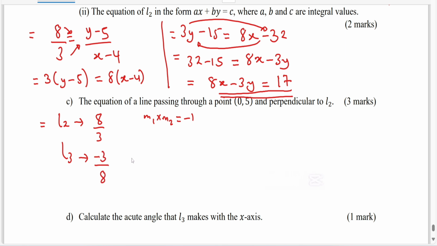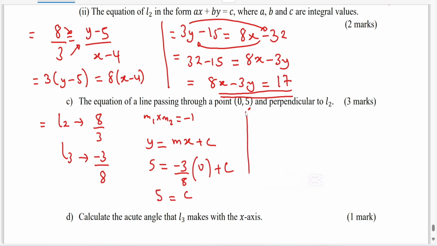Remember to change the sign as well. So you write y equal to mx plus c. We already know our y and x. So y is 5 equal to m, negative 3 over 8, times our x, which is 0, plus c. So negative 3 over 8 times 0 is 0. So 5 equal to c. Writing the equation properly, it should be y equal to negative 3 over 8 x plus our c, which is 5.